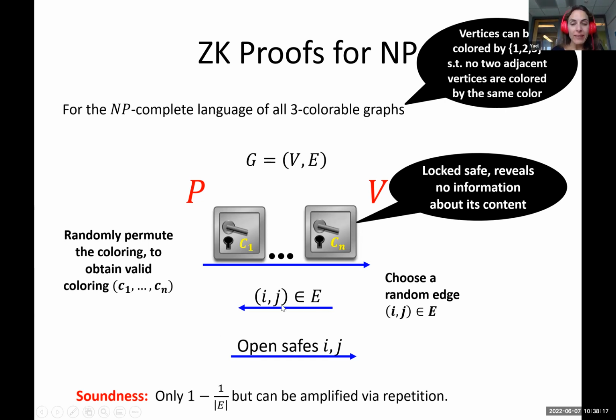So when he says open box I and J, he needs to know that there is an edge between vertex I and vertex J. But if we permute the boxes randomly, he doesn't know which box corresponds to which vertex. And if we tell him, then he can learn the coloring. Great question. Any other question?